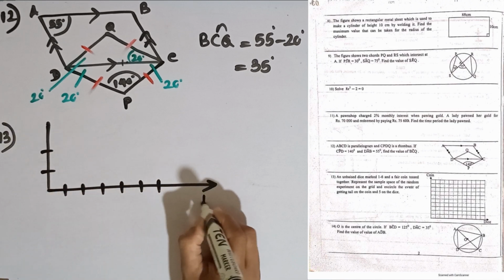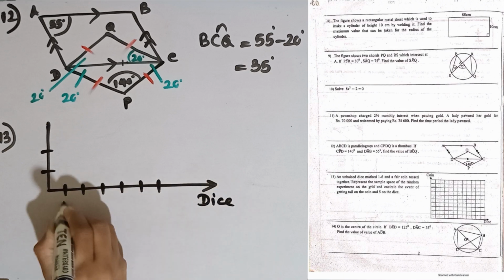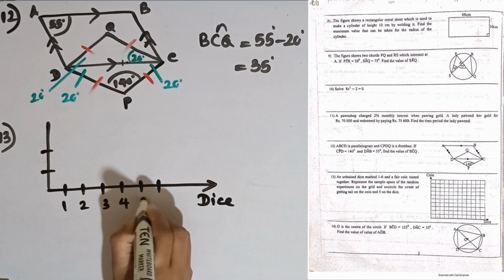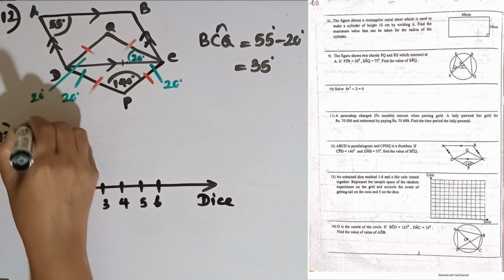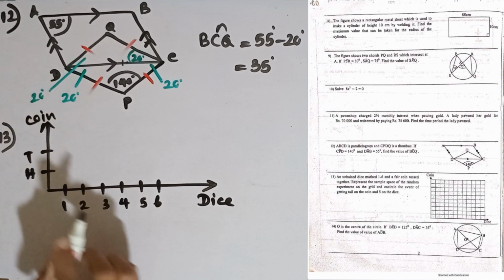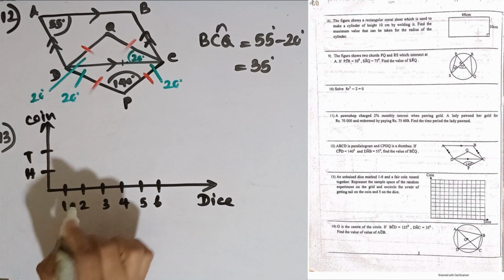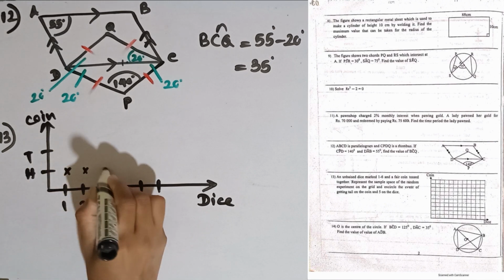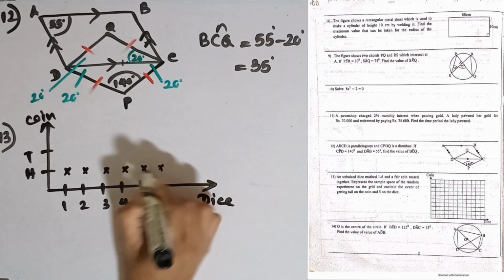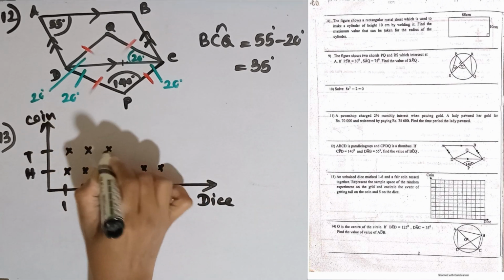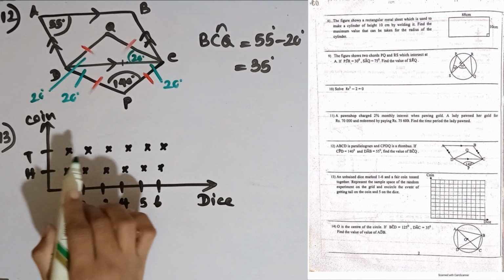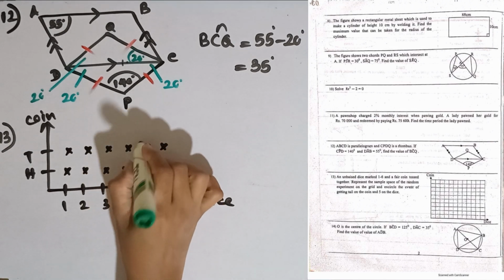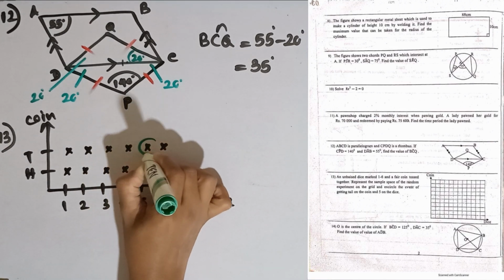This is for dice. Then 1, 2, 3, 4, 5, 6. Then here head and tail for coin. Then we can draw the sample space like this. Then the event of getting tail on the coin and 5 on the dice is this one. We can circle it like this.